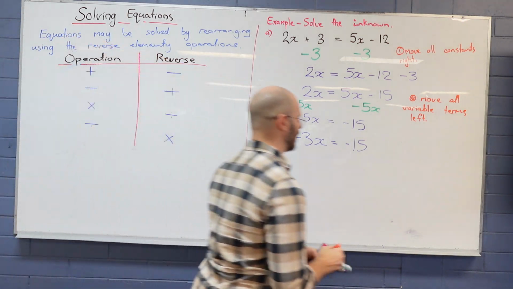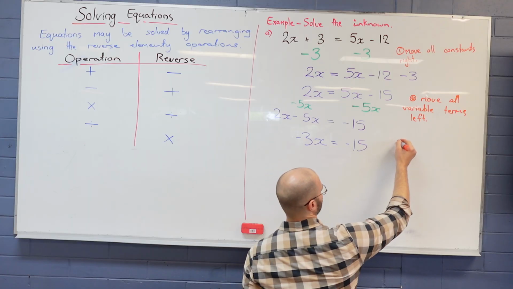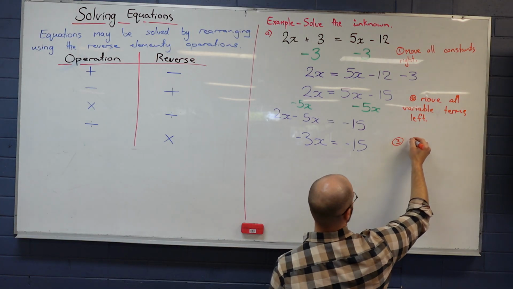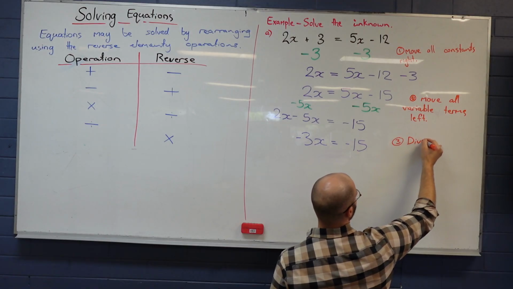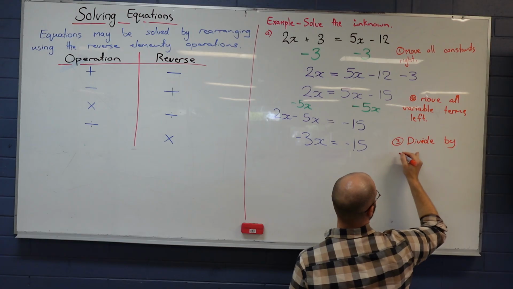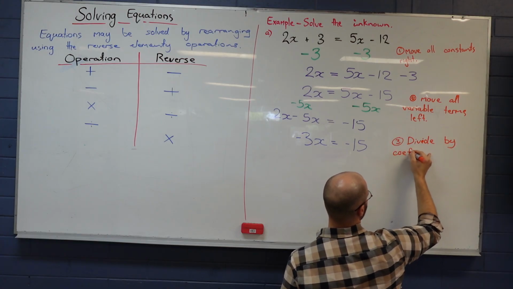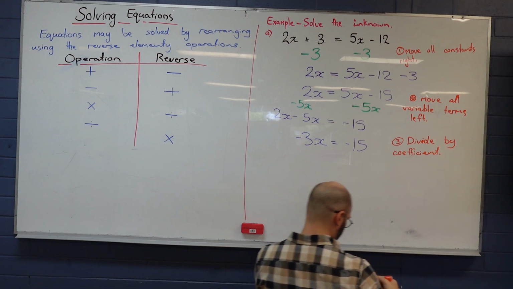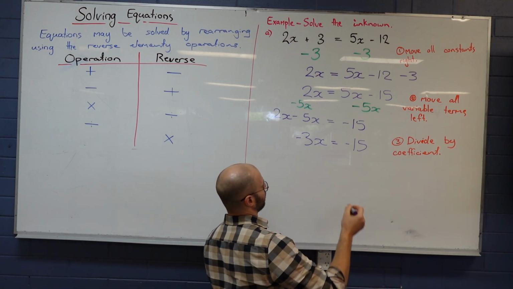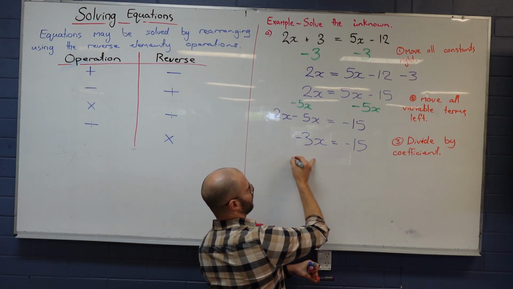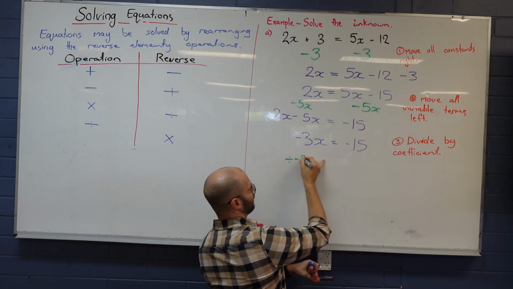The way we find out how many a single x is worth is we divide by the coefficient. This will have the effect that we have a minus 3 here, so we're going to divide by negative 3.